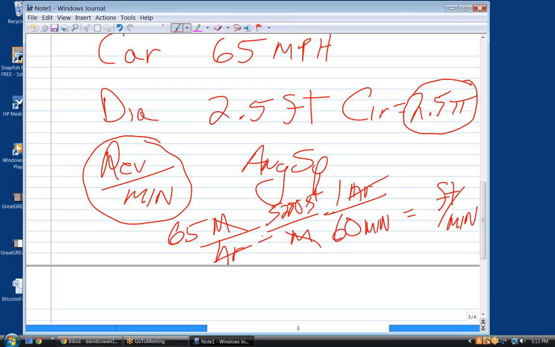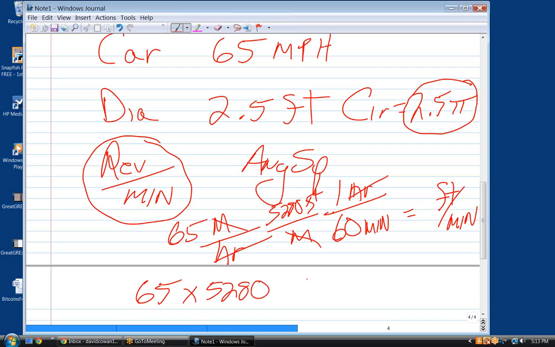That gets rid of the hours. So now we have 65 times 5280 feet per minute is how fast the car is going.